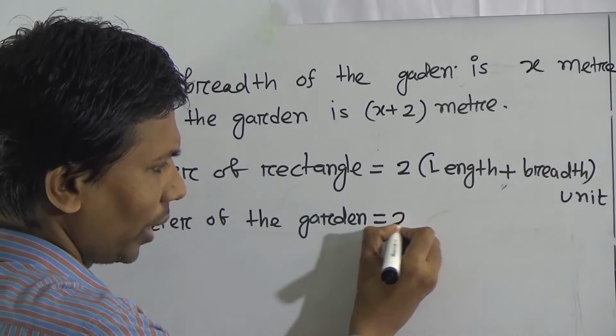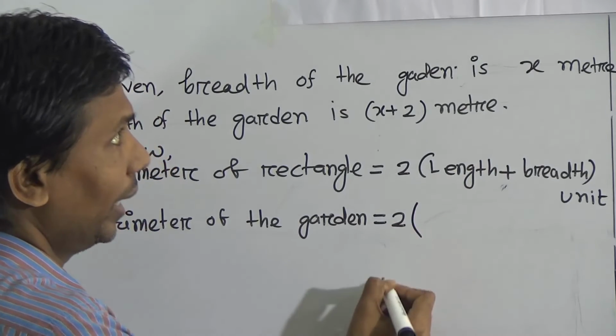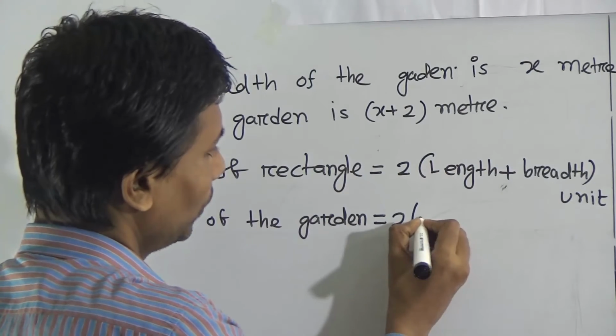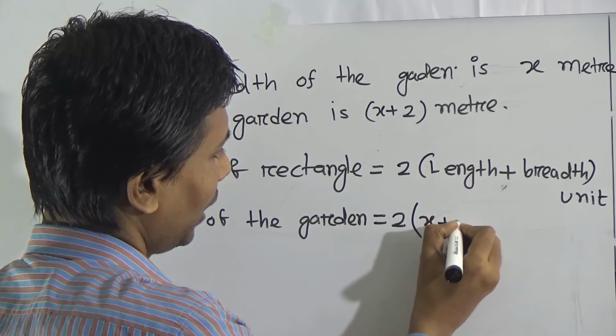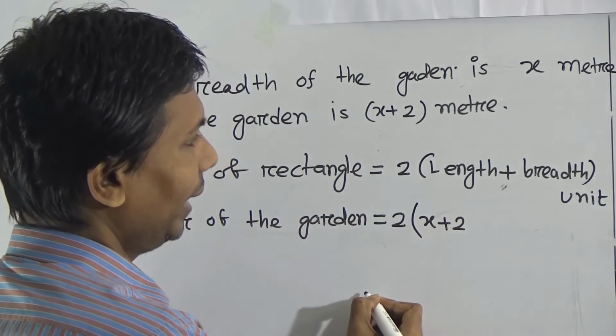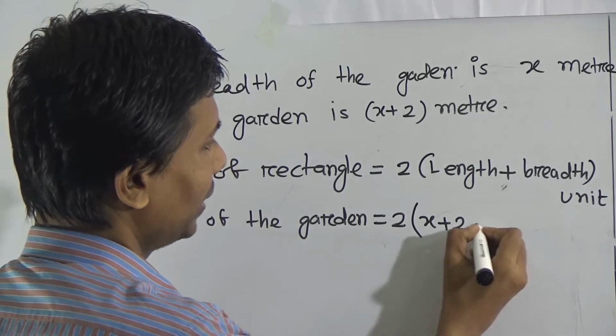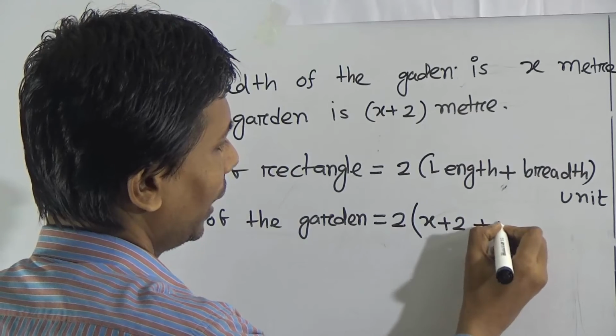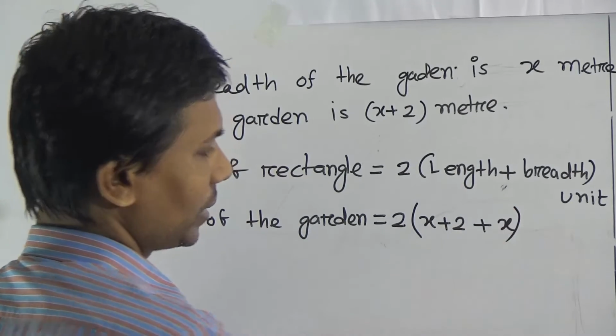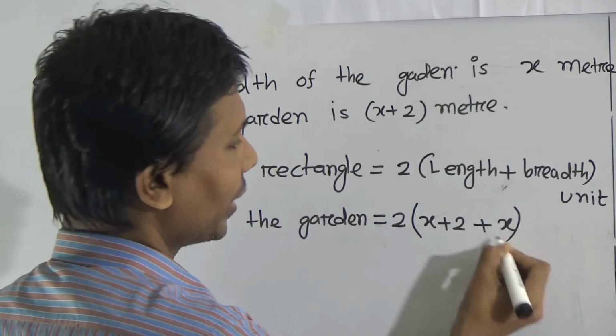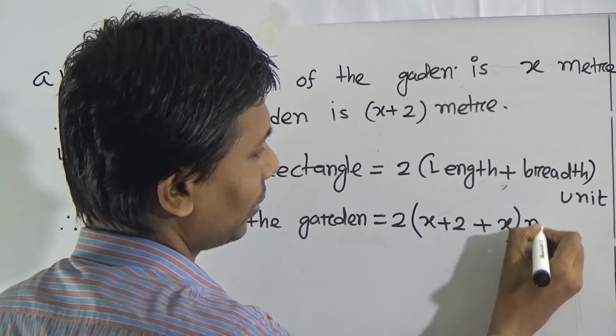2, this is the formula, 2 into length. Length is what? X plus 2. Right here x plus 2, and breadth. Breadth is only what? X. Right here x. Okay. Write the unit. Unit means here meter.